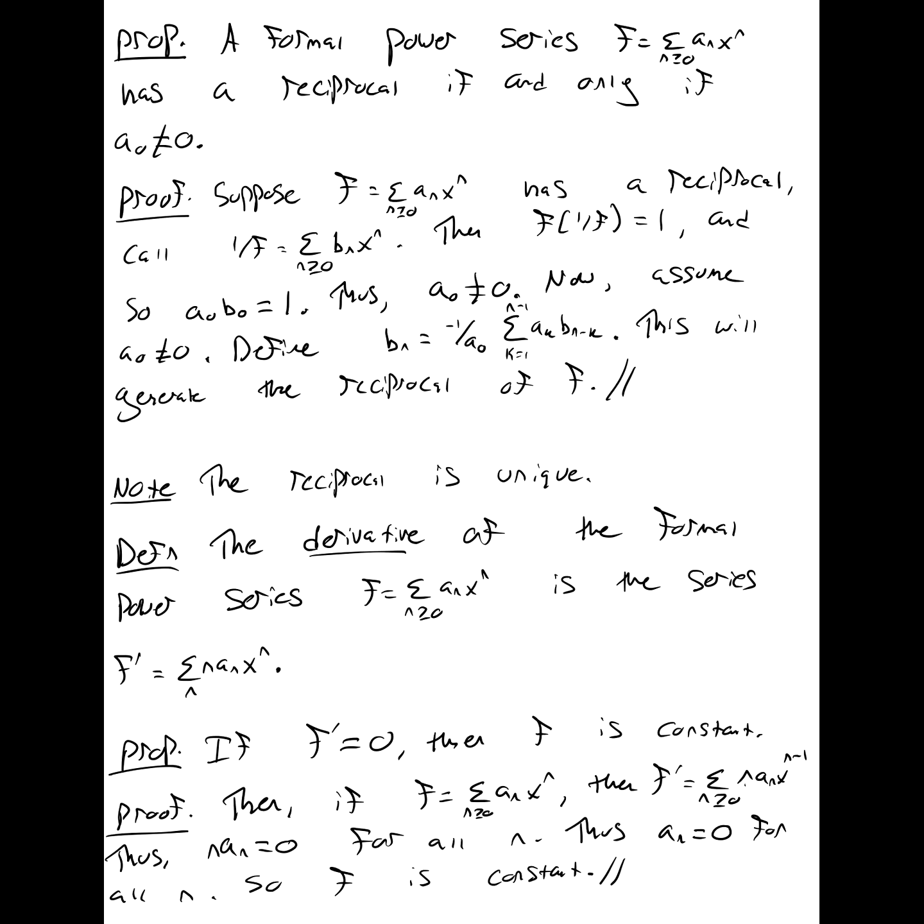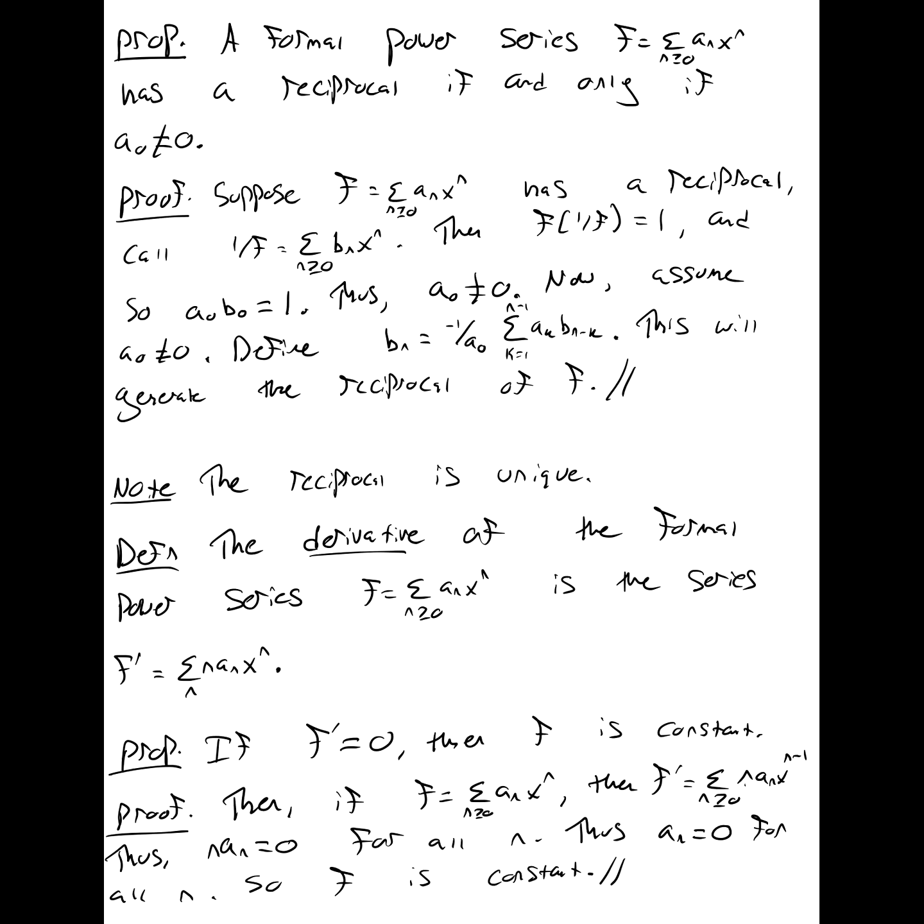But 0 times a sub 0 equals 0 regardless, and we don't actually have to consider that. We can't say definitively that a sub 0 is 0 because it's being multiplied by 0. So that product does not guarantee anything. But certainly f will be constant and it'll be equal to whatever a sub 0 is.